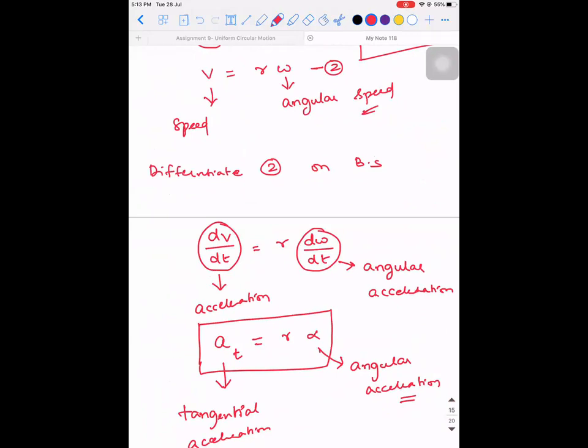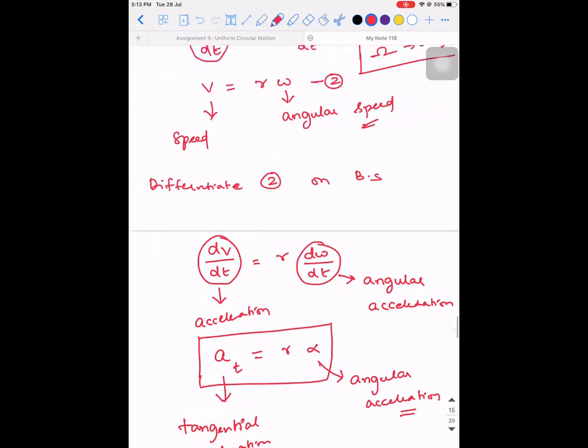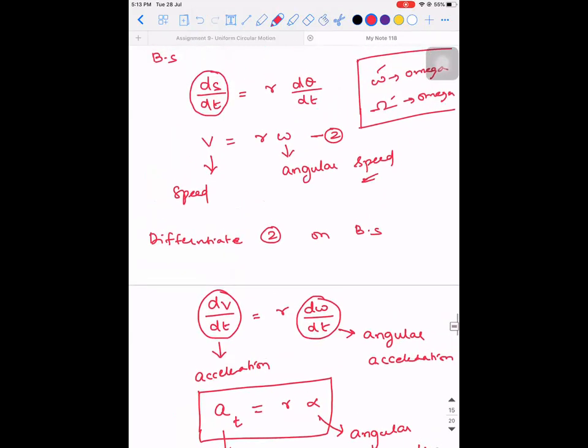Sir, alpha is also an angular acceleration, sir. Alpha is also like theta, sir? No, alpha is also a Greek letter. It's alpha, that's it.